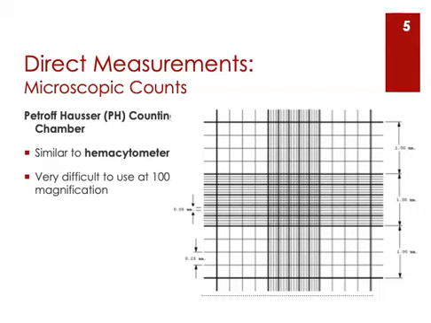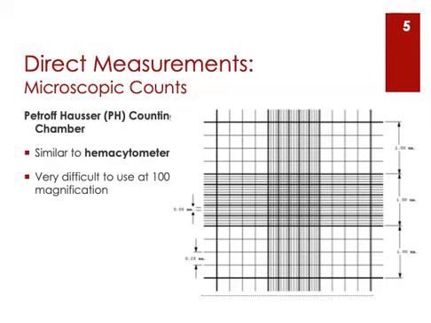Number two, while it's relatively easy to see, say, blood cells on a counting chamber, when we're talking about microbial cells, it's a whole different situation, and that's because microbial cells are so small. If you recall from our gram staining lab, in order to see bacterial cells in any kind of detail, you have to go to the 100x lens.